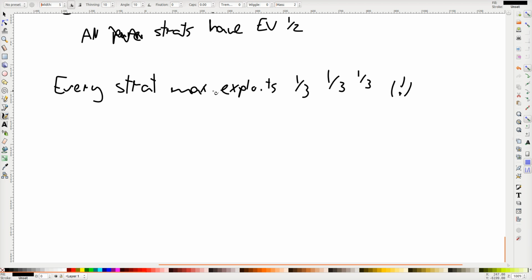So there you have it. There you have two strategies that maximally exploit each other. And so that means that 1/3, 1/3, 1/3 is a Nash equilibrium of rock, paper, scissors. And it turns out that 1/3, 1/3, 1/3 is in fact the only Nash equilibrium of rock, paper, scissors.